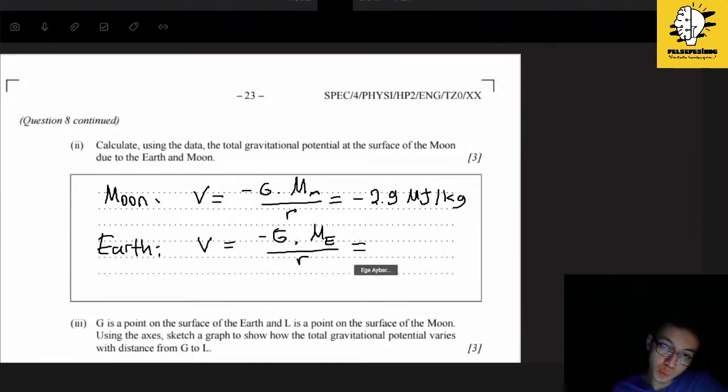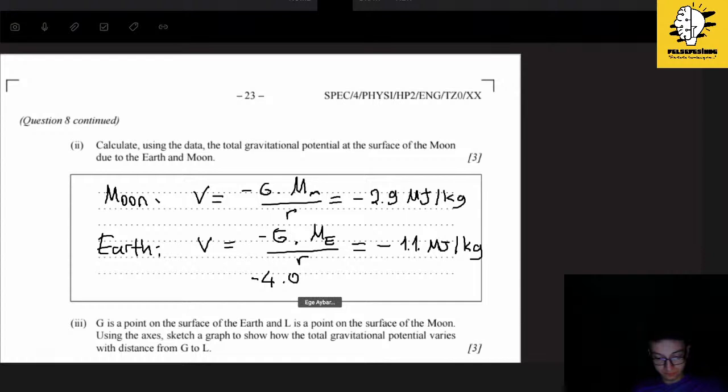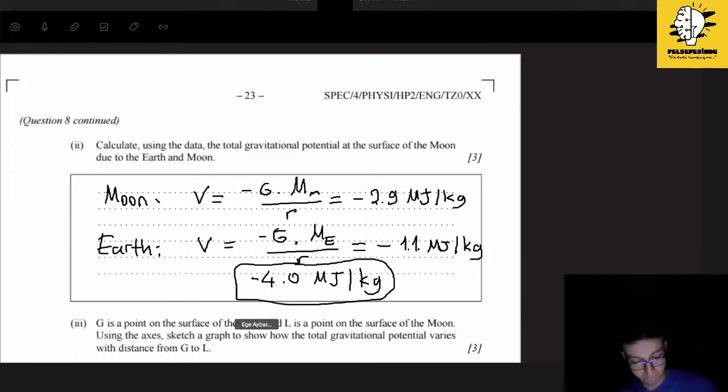And it is minus 1.1 megajoule per kilogram. And we will add them up, guys. No problem. 4.0 megajoule per kilogram. That's it. Three free points, guys.